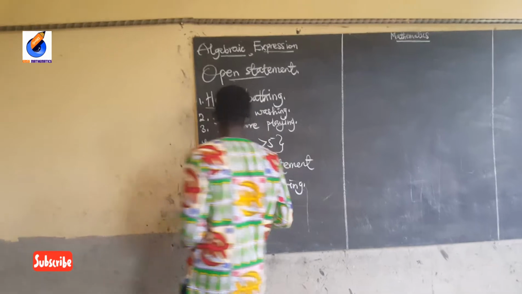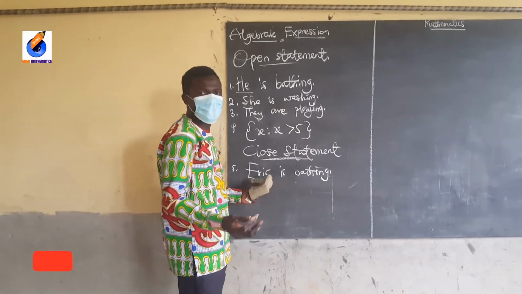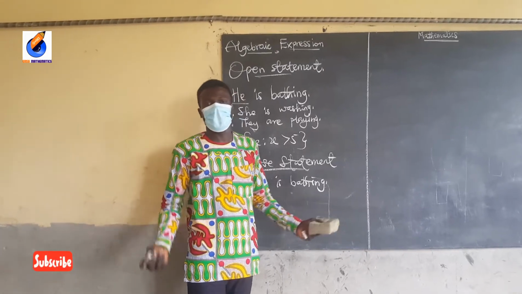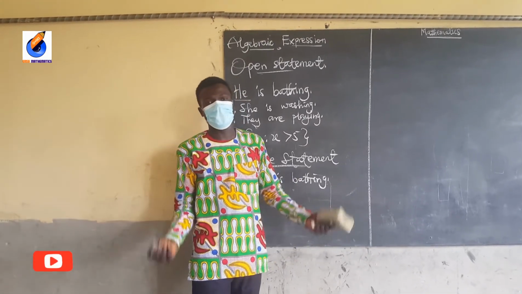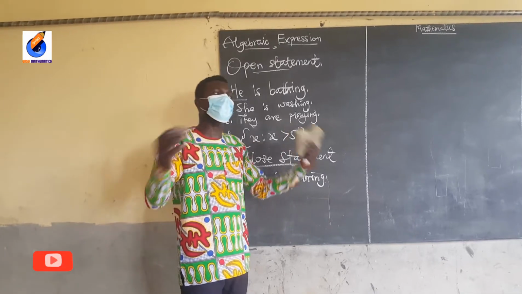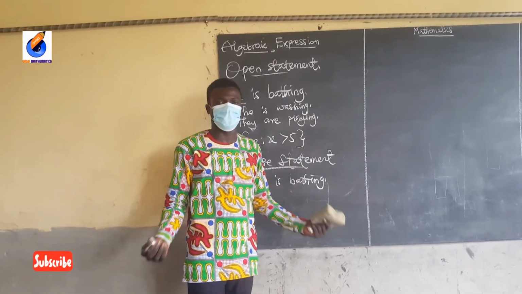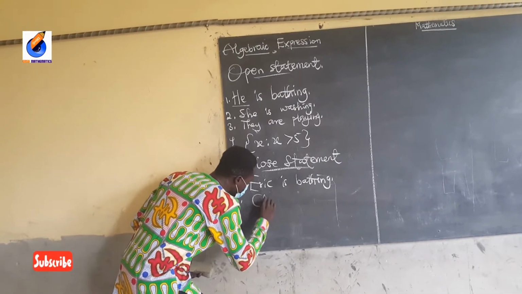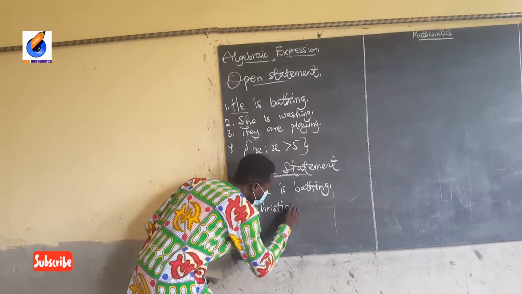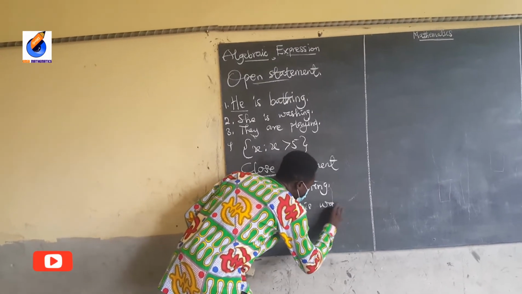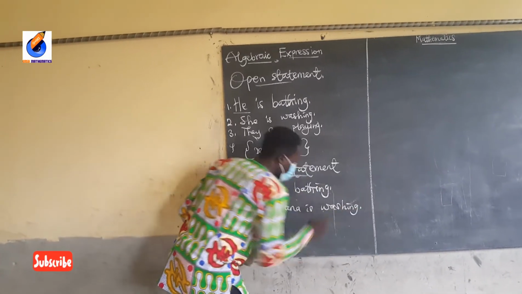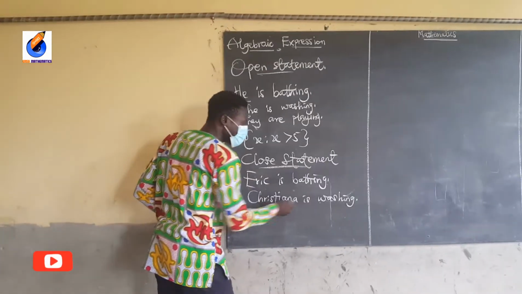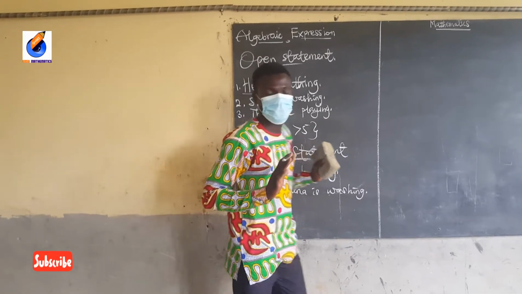So when you come to number 2, she is washing. We don't know the one who is washing. So you can substitute this she with Amma, with Ya, with Christiana, with Erica, with Frederica, with all the names that we know that can be classified as a she. But if we are able to say Christiana is washing, because we have been able to state the person who is washing, we say this statement is closed.